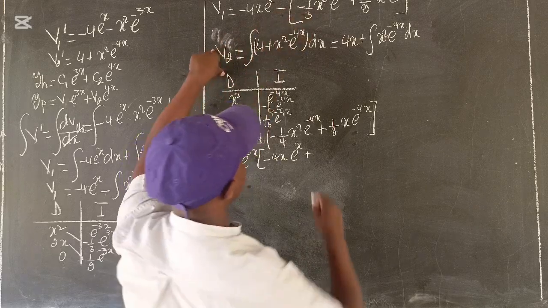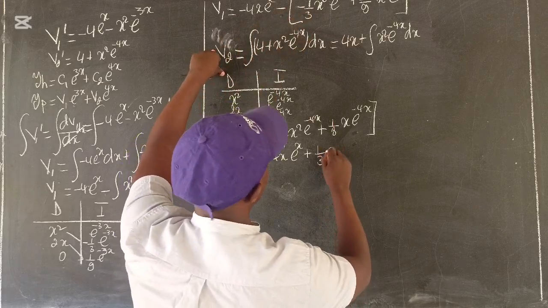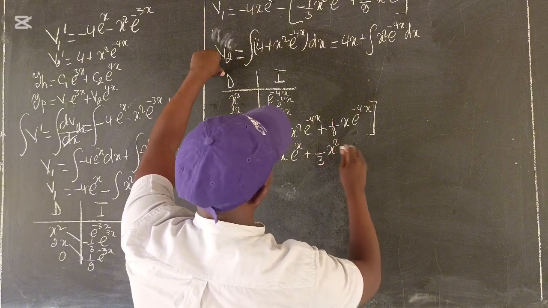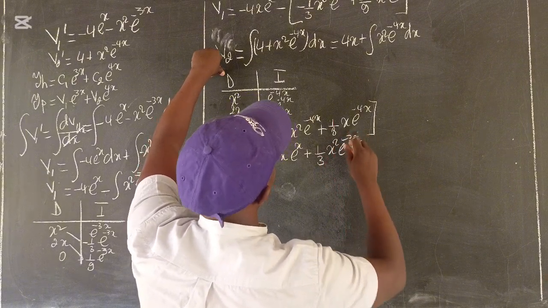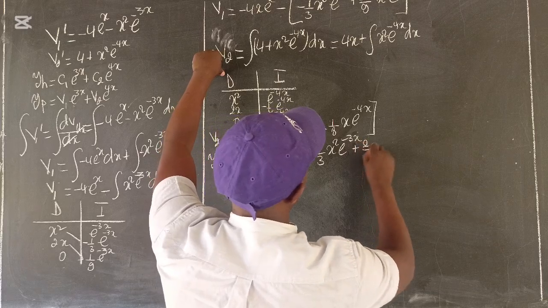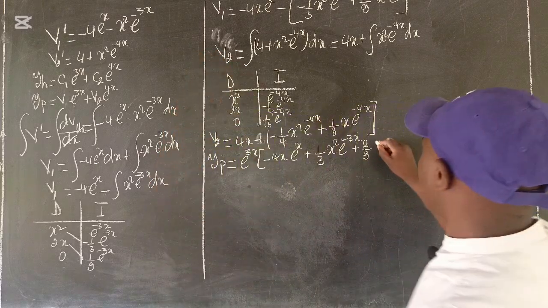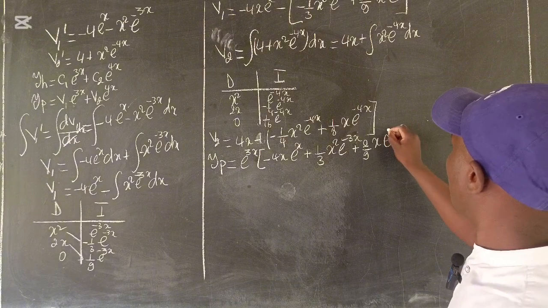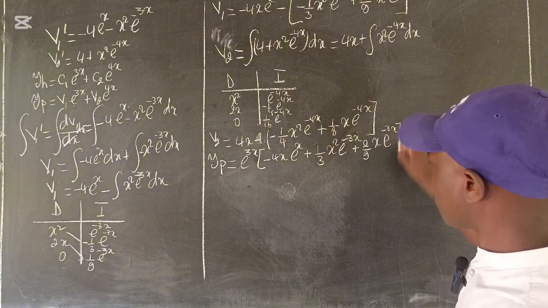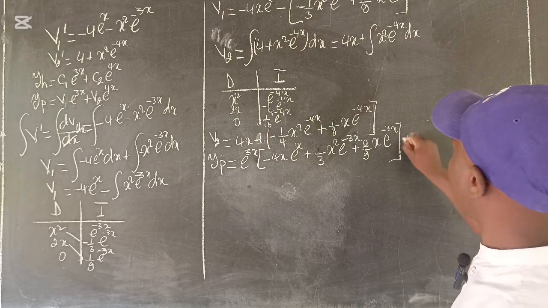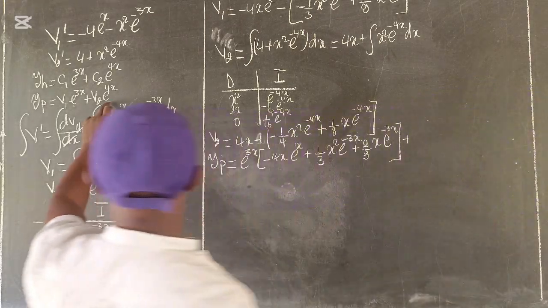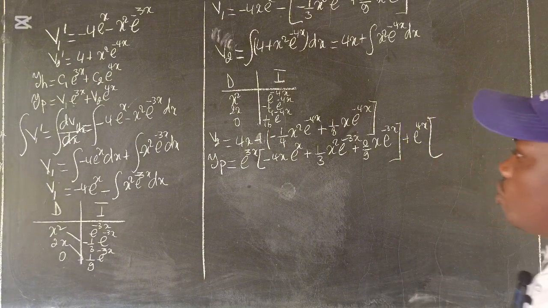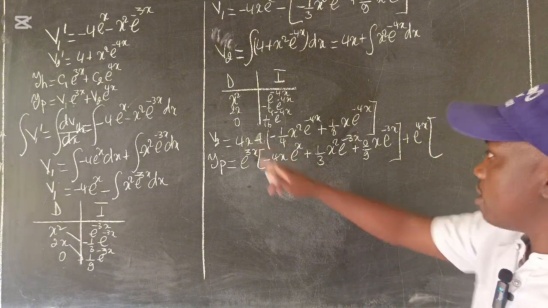This times this is plus 1 over 3 times x square exponential of negative 3x plus 2 over 9 times x times exponential of minus 3x, plus exponential of 4x times v2, and our v2 is this.